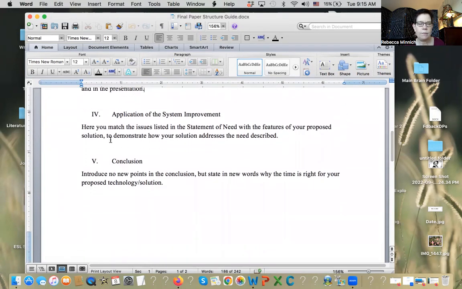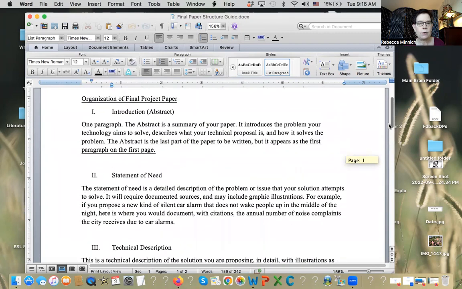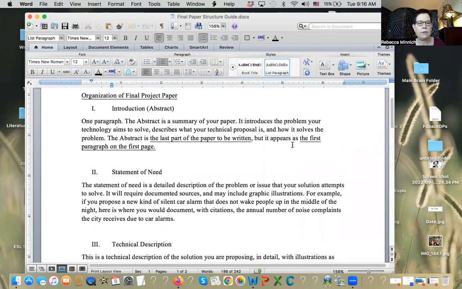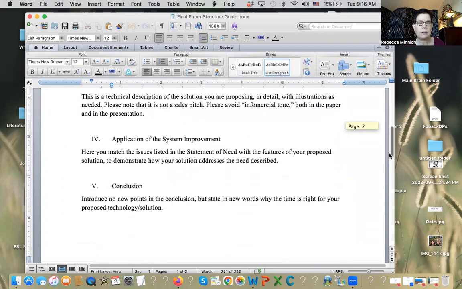The next part, part 4, is the application of the system improvement. And here is where you match the issues listed in the statement of need to the features of your proposed solution. In other words, in the statement of need, if you list 3 problems with a current technology in use, when you get to the application part 4, this is where you match the solutions that you've come up with to those 3 problems.